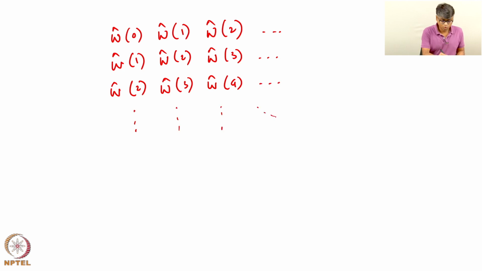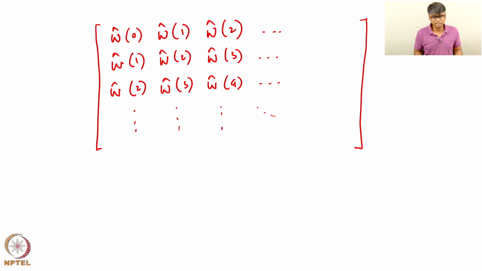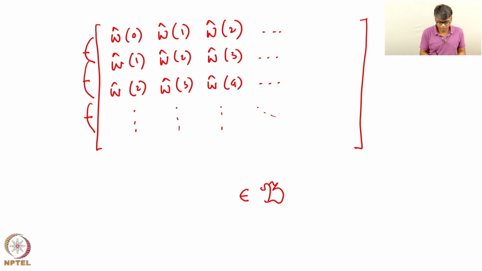Now, not just that, because I have assumed my system is linear, any linear combination of these guys will also be a part of the behavior. In other words, anything in the row span of this matrix, let me call it a capital W hat matrix, must be a part of the behavior.